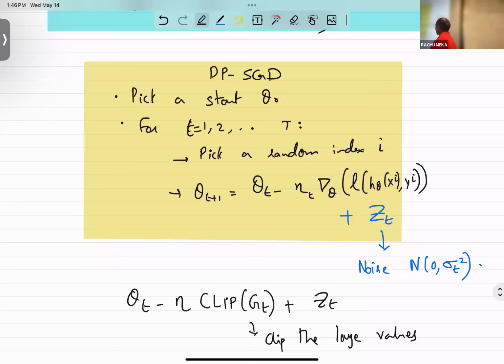And what people have figured out is how to change this noise rate to control the overall privacy of your system. As I said several times, typically when we think of running gradient descent, stochastic gradient descent, even if I don't have any analysis, I'm okay. At the end of the day, my model is doing well in prediction, I'm fine. Right? But for privacy, that doesn't work. You really have to show me that you're preserving privacy.